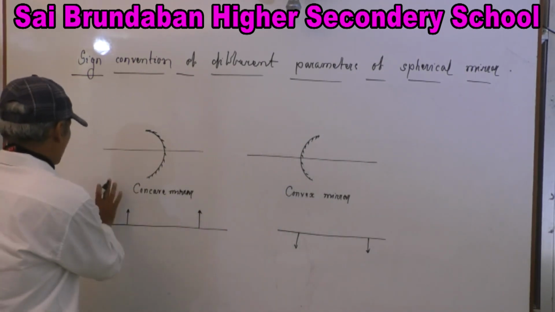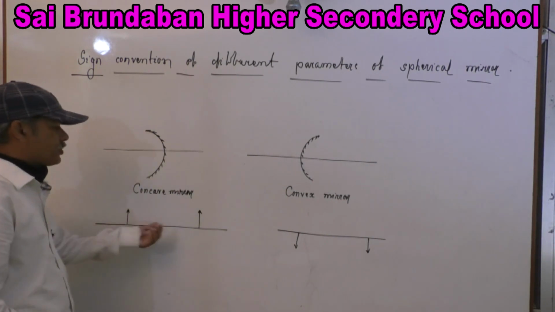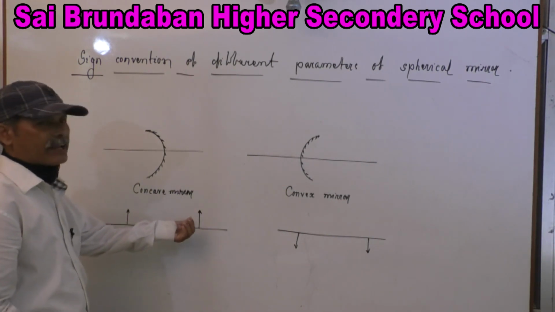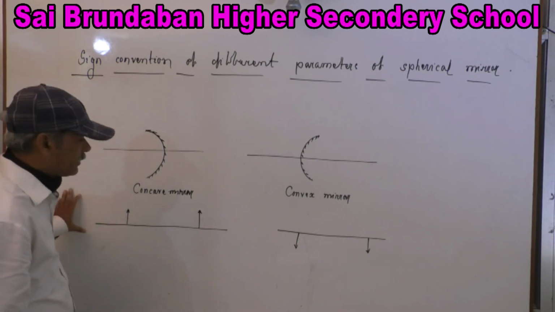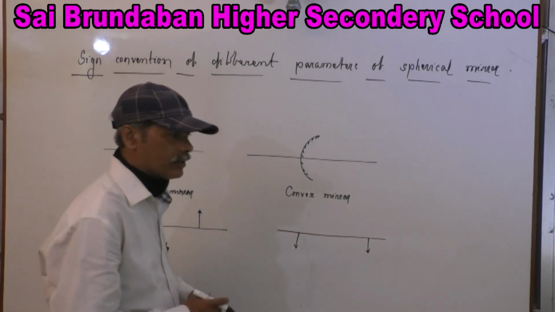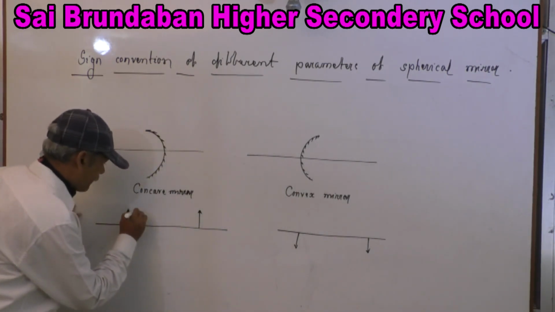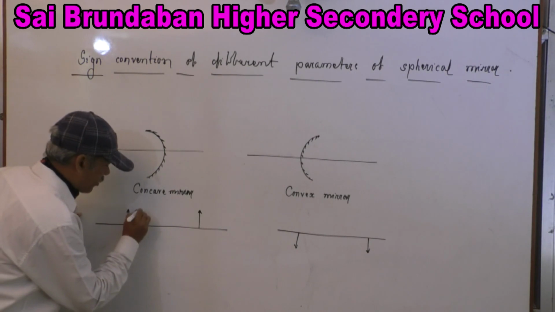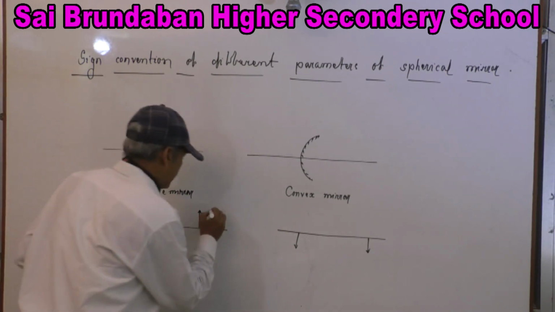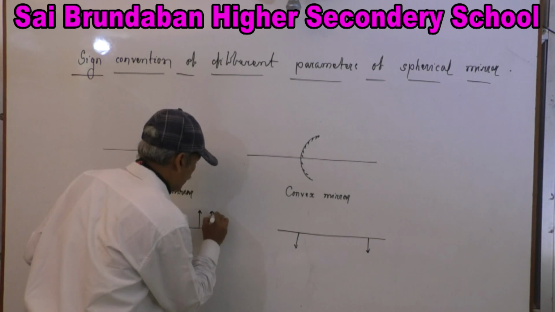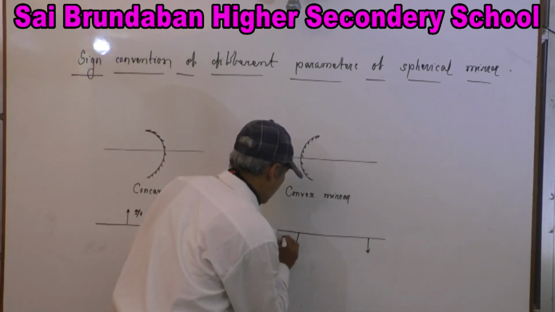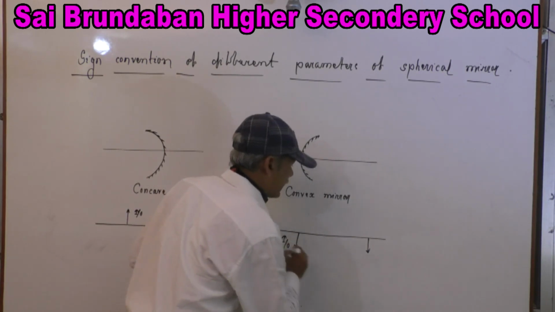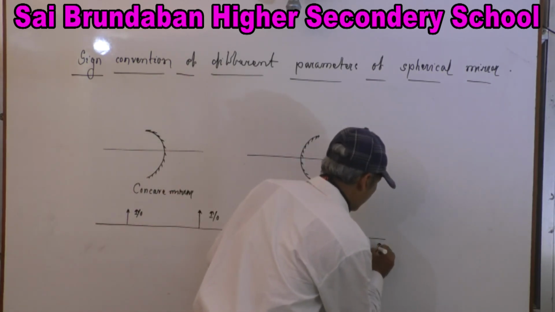Now these lines represent either an image or an object. It may be an image or an object.